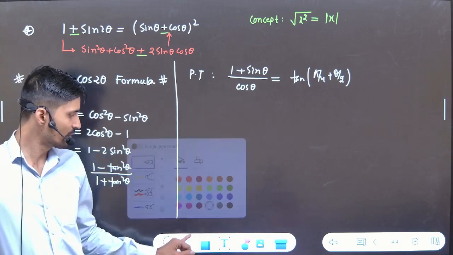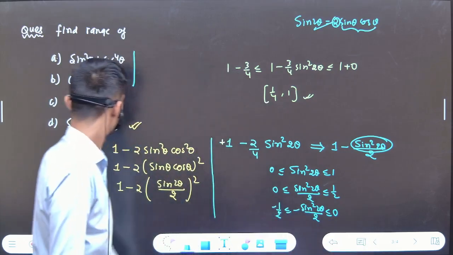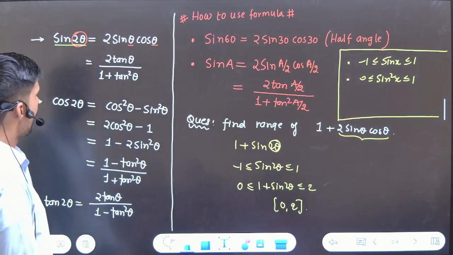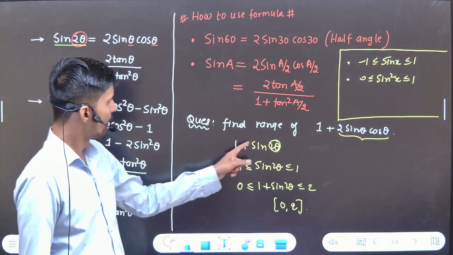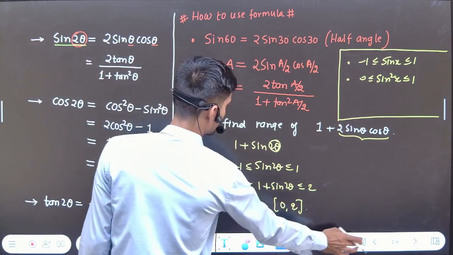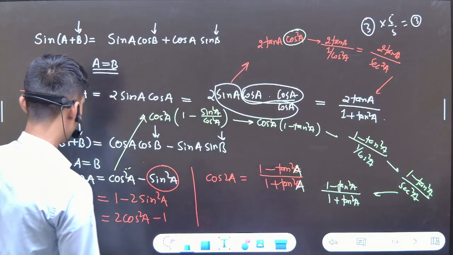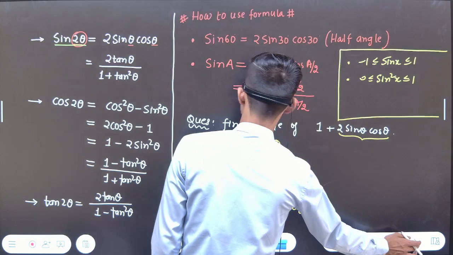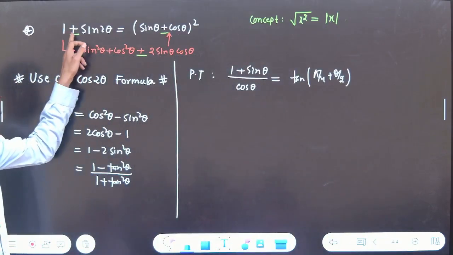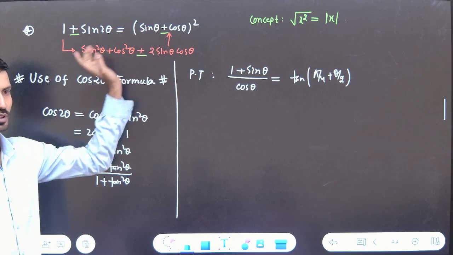So here what we saw in the last thing here, whenever 1 plus... where did that formula go? We didn't write that formula. We wrote it somewhere. Here. Whenever 1 plus sine is written, we can change it into this formula.